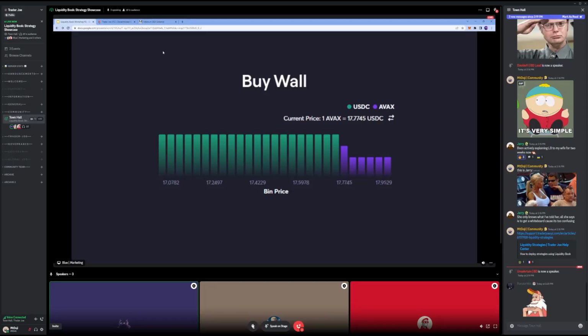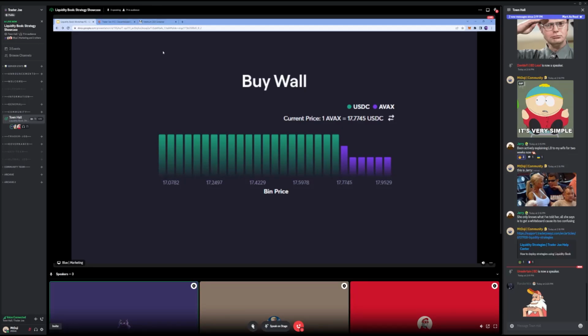A buy wall could be used to simply use your capital to farm trading fees at an assumed support level for a token. So in this case, we've got USDC and AVAX. And what you'll notice is there are big green bars, many of them, and a few purple bars, right?